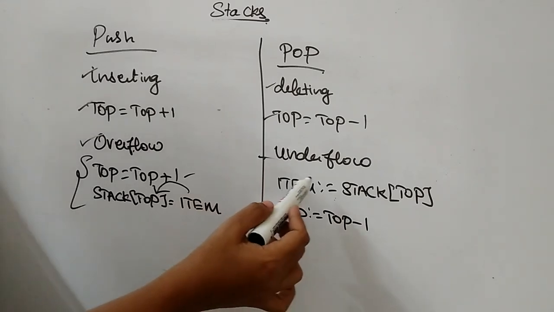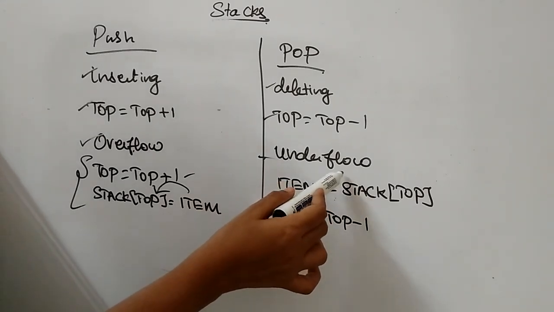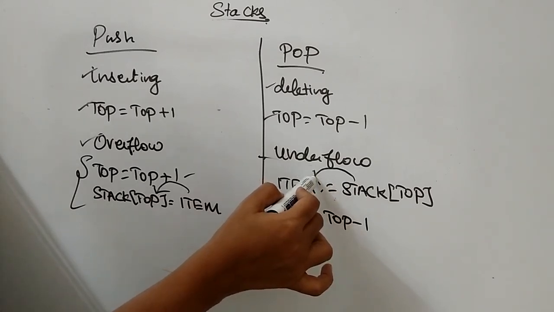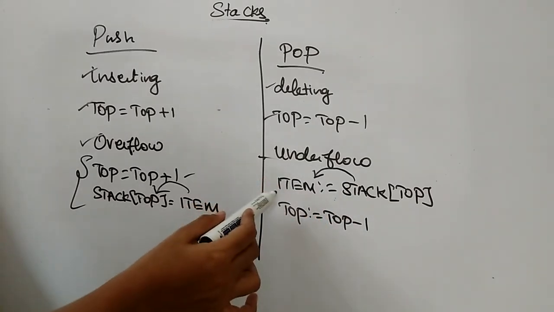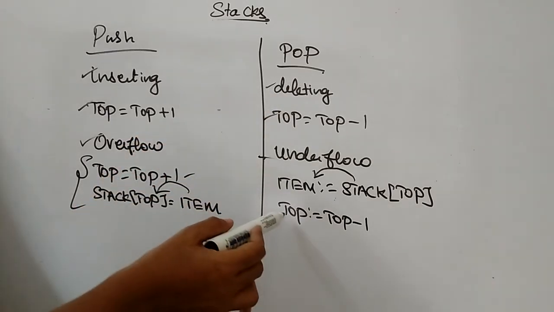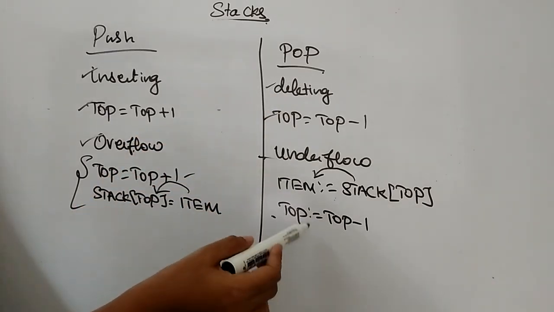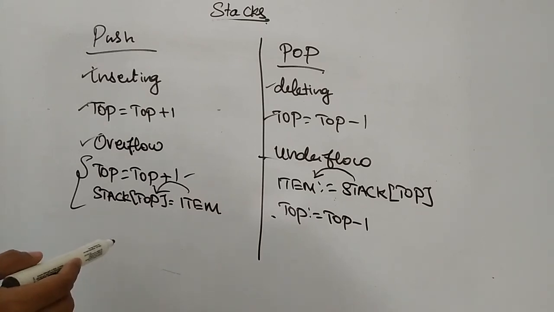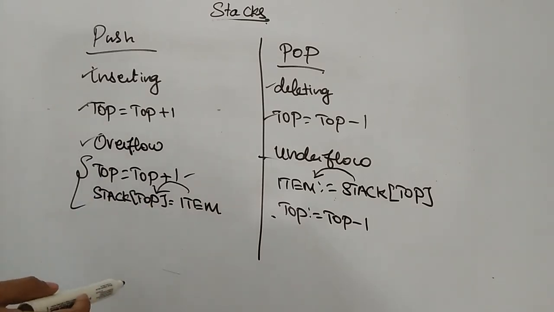Since it's a pop operation, the topmost element will first get stored in the variable item, and only then we are going to decrement the stack pointer by 1. Okay, so these are all the basic differences between the push and pop operations.